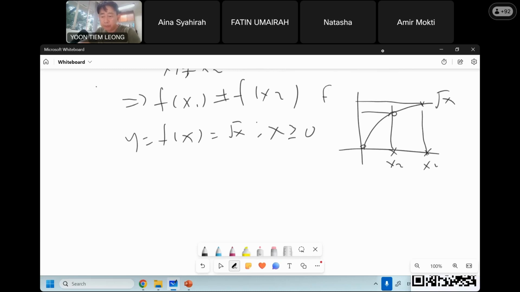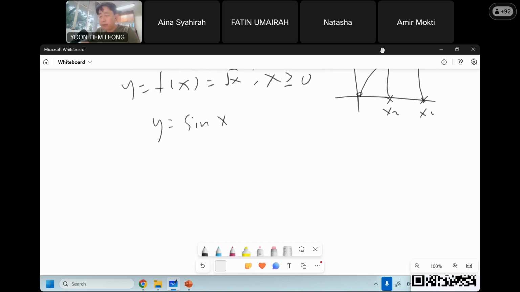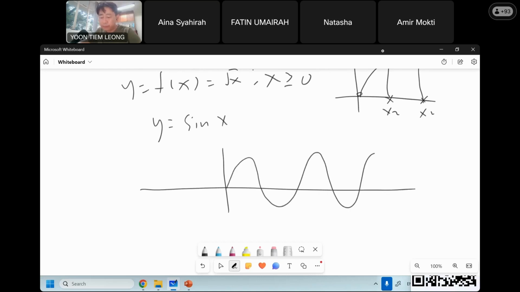Another situation, a counterexample, would be the sine function. If you plot the sine function over its whole domain, what you get is a sinusoidal function. This is not one-to-one because, for example, if you pick two different values, say pi and 2 pi, sine at pi is 0, and sine at 2 pi is also 0.